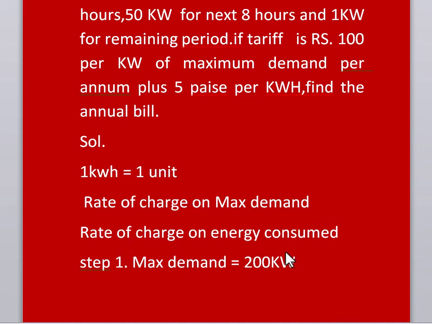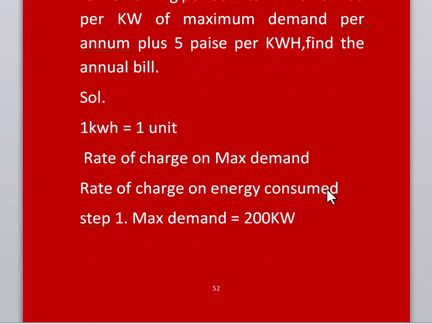Similarly, the rate of charge on energy consumed is also given. Using these charges or tariffs, a separate bill has to be generated with respect to the maximum demand and with respect to the energy consumed, after subtracting the energy consumed with respect to the maximum demand from the total energy consumed.